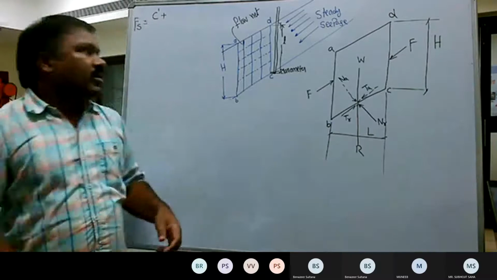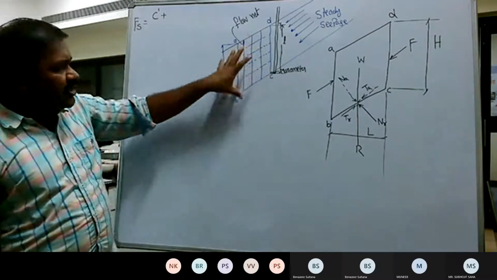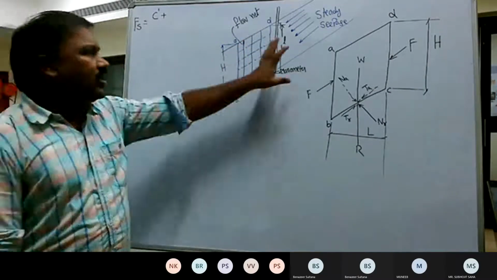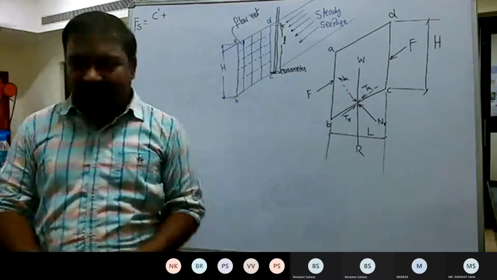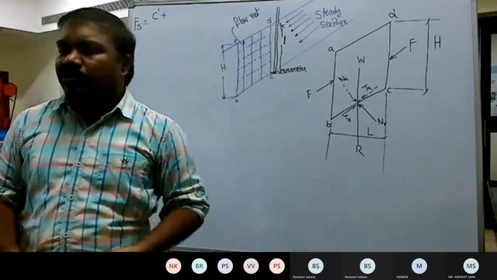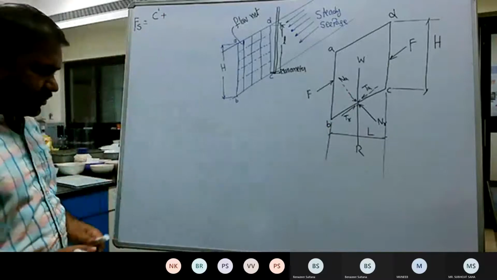Now, suppose this is the flow net diagram. Before that, could you please tell us the equation for the factor of safety for the dry condition, in the form of shear strength by shear stress?